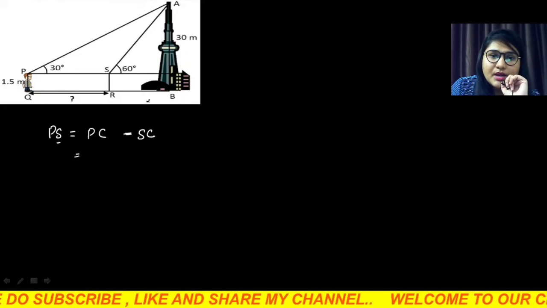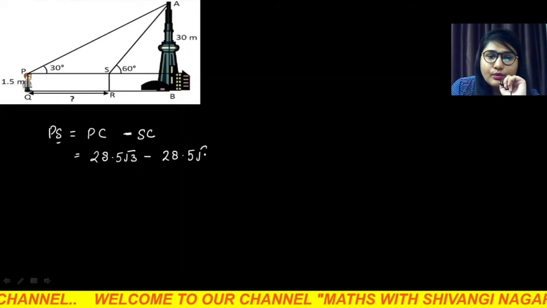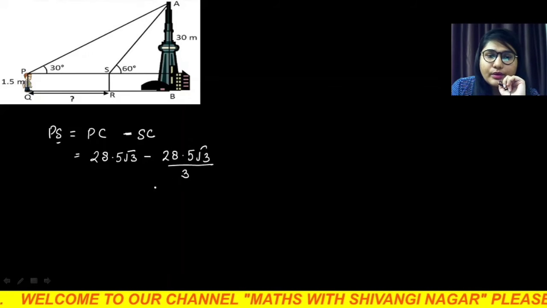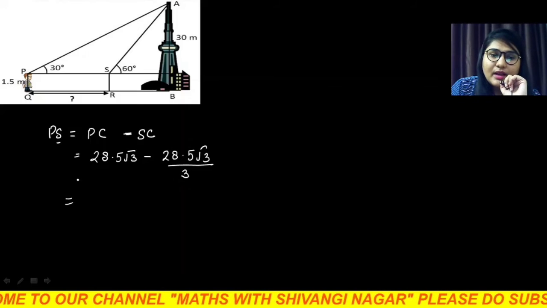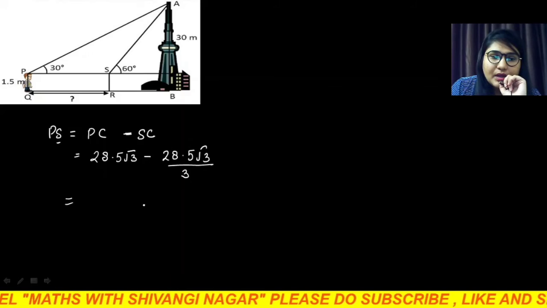Now what is this PC? Entire PC is 28.5 root over 3. What is the SC? 28.5 root over 3 upon 3, right? So if we take the LCM here, what we will get here?